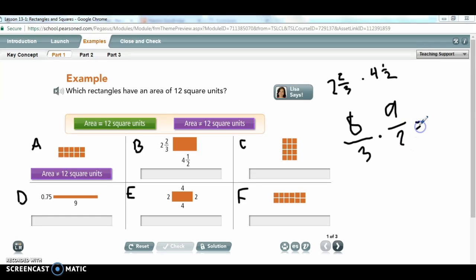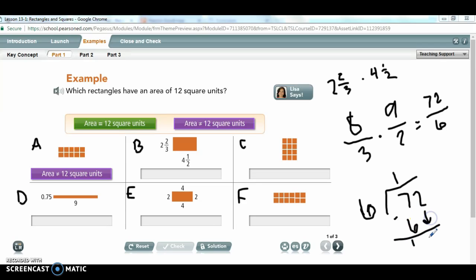That equals, we multiply straight across. 8 times 9 is 72. 3 times 2 is 6. To get my final answer, simplify. How many times does 6 go into 72? If you don't know that off the top of your head, you can do 72 divided by 6. 6 can go into 7 one time, and you have 1 left over.